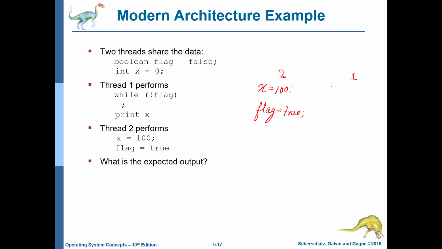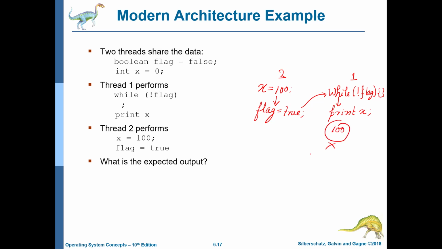Thread 1 waits as long as flag is false, it just waits, and then it prints the value of x. So what you would expect is that flag, assuming it was initialized to false, this statement would execute, then this, and then this. You would expect the output to be 100.